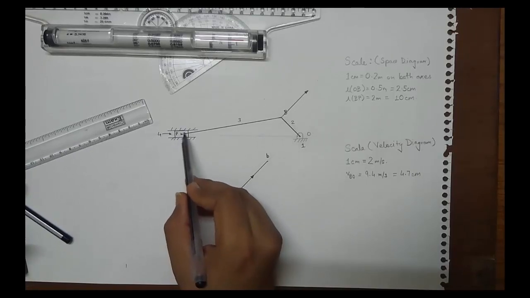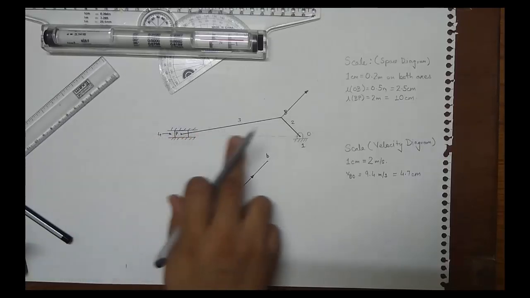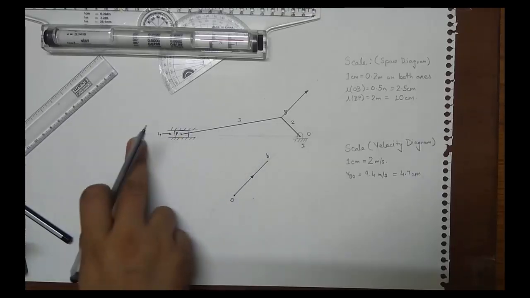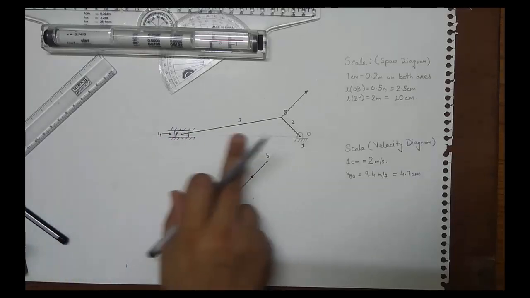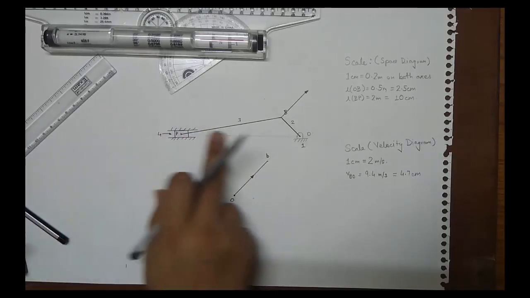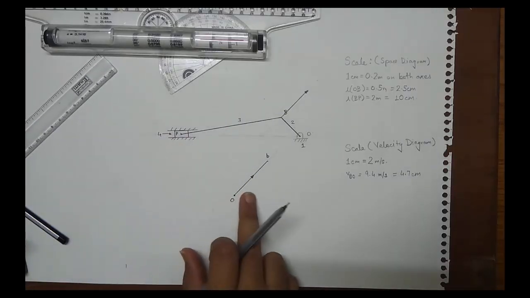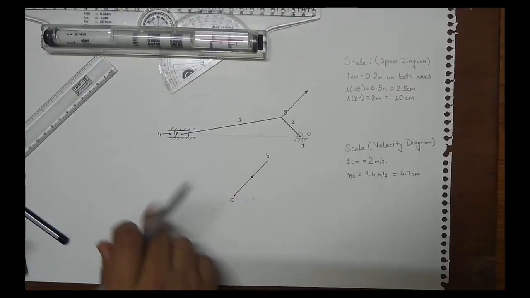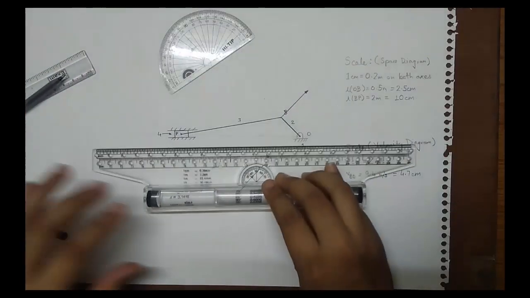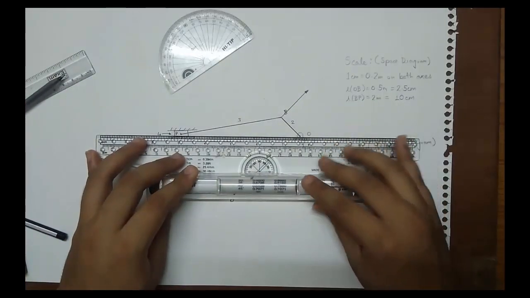Because this point P is on the slider, the slider is going to move only in the horizontal direction. So whatever you do, the velocity of P will always be in the horizontal direction only with respect to ground. So in our velocity diagram, the velocity of P will be in this direction. We can draw a line parallel to this horizontal line on our velocity diagram.